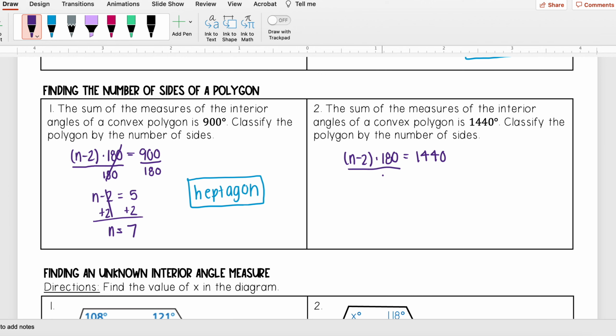First step, I'm going to divide both sides by 180, and I get n minus 2 is equal to 8. Then I'm going to add 2 to both sides, and I get that n is equal to 10. And a 10-sided shape is called a decagon.